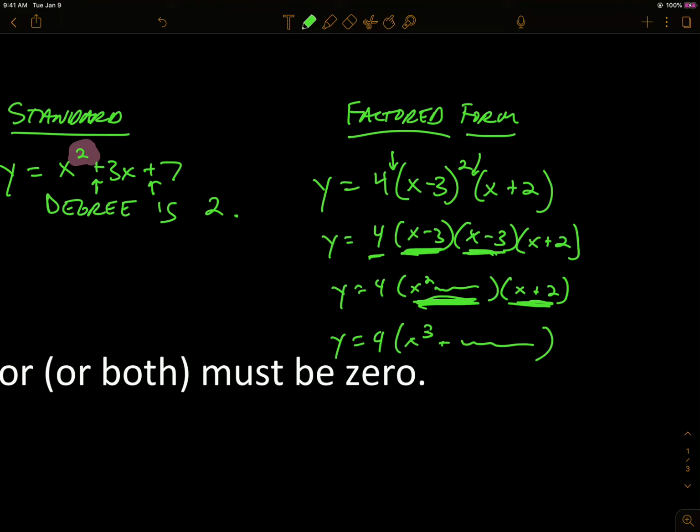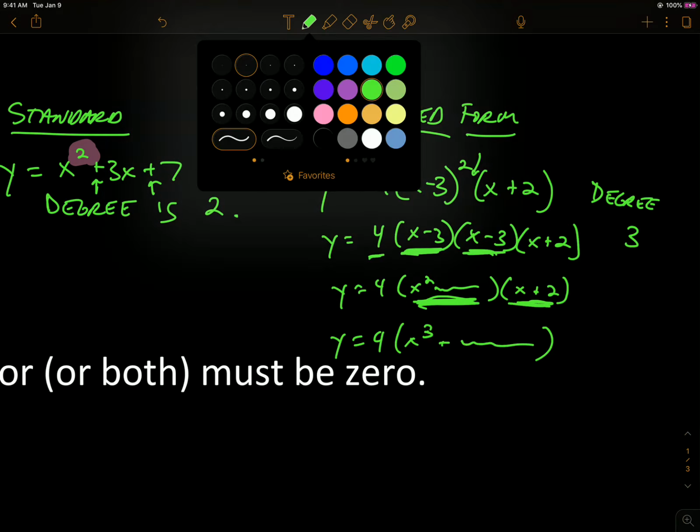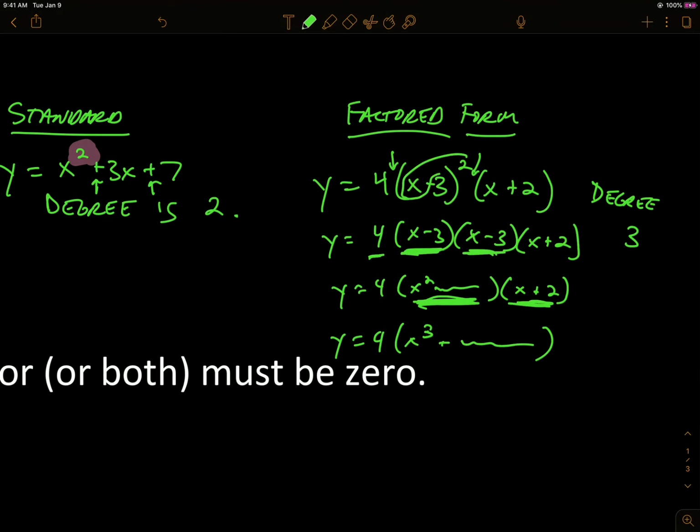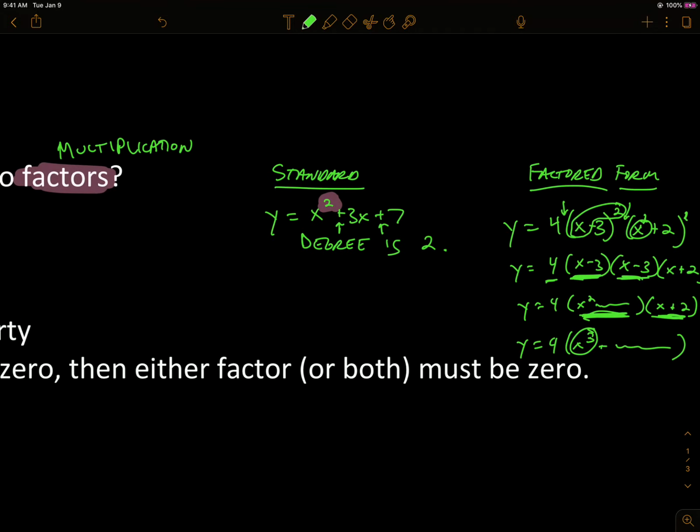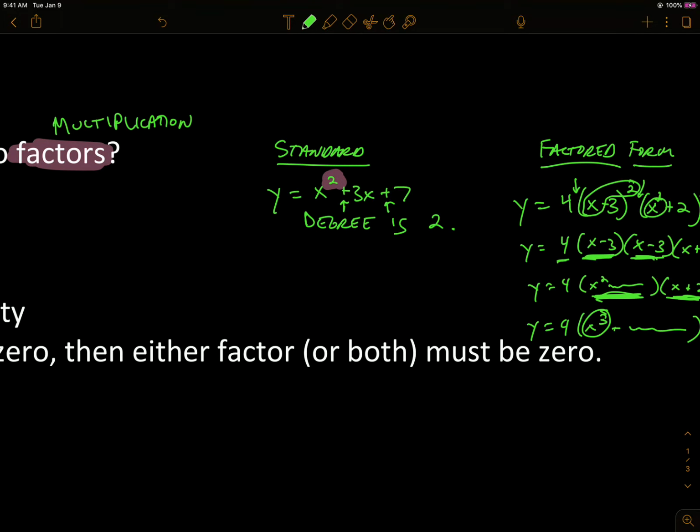The biggest one is x to the third. So this would be a degree 3. We don't have to multiply it out. We just think if we did, this would produce 2 x's, and this would produce 1 x because there's only a 1 out here. And so when we multiplied everything together, the highest power of x would end up being 3, so we would call it degree 3.